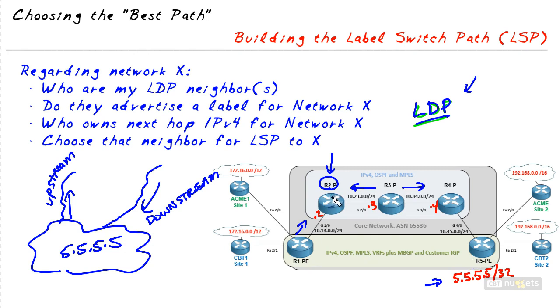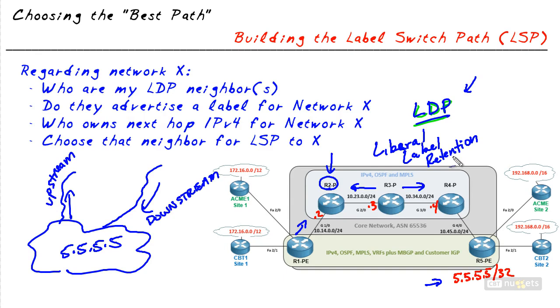And what R2 is going to do is use something called liberal label retention, meaning it's going to remember both of the advertisements, one from R3 and one from R1, regarding the 5.5.5.5 network. Now it does that in case there's some type of change in the network and it loses its primary path. It can very quickly cut over to the alternate path.